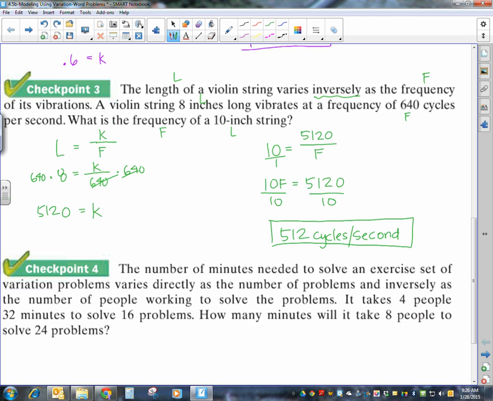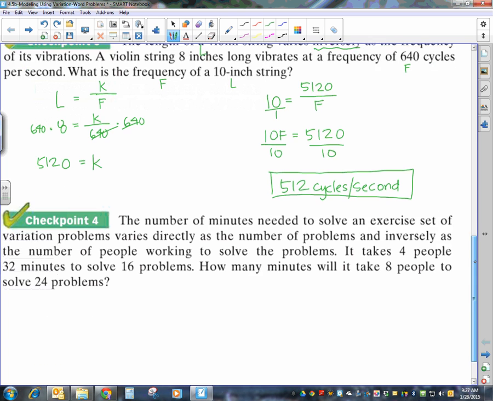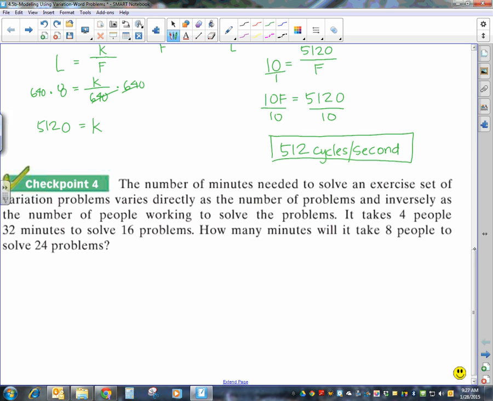Okay, last example. The number of minutes needed to solve an exercise set of variation problems varies directly as the number of problems and inversely as the number of people working to solve the problems. So minutes varies directly.